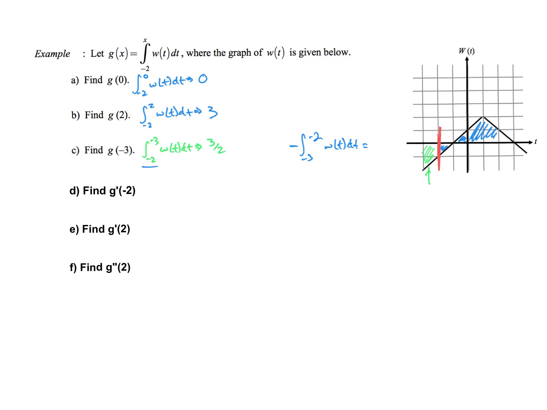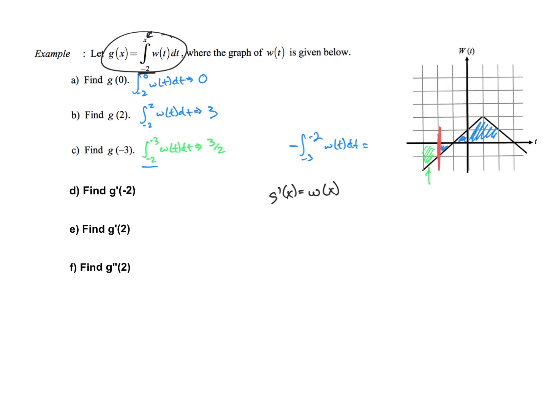All right. Let's look at this next one. I now have g prime of negative 2. And so this is where our second fundamental theorem of calculus comes into play. So if my g of x is equal to this, g prime would equal w of x. I'm going from a constant to a variable. I'm taking a derivative of an integral.